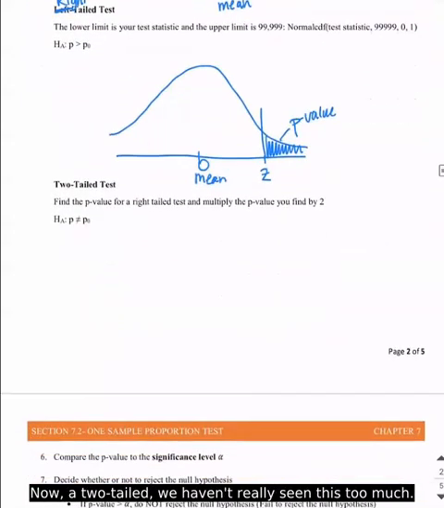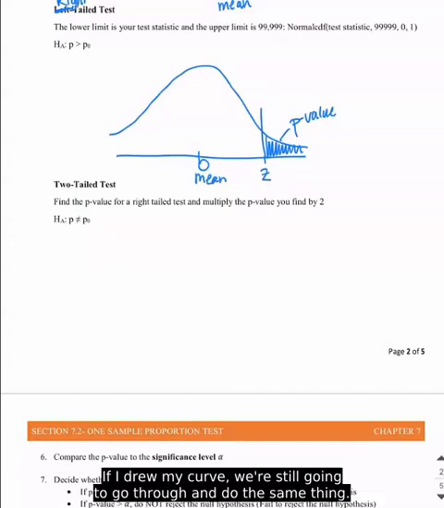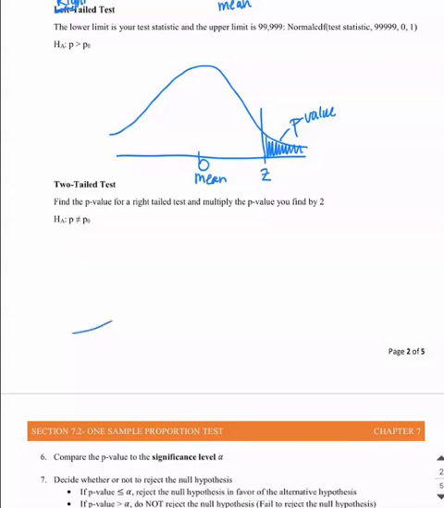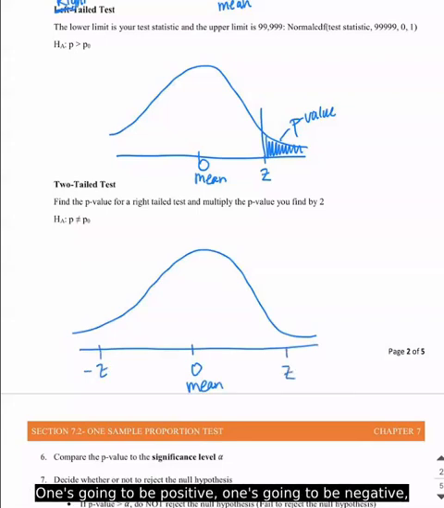Now a two-tailed test, we haven't really seen this too much. If I drew my curve, we're still going to go through and do the same thing. My mean is at 0. And now, with a two-tailed test, there are going to be two z-scores. One's going to be positive, one's going to be negative. And you're going to shade, again, in the tails.